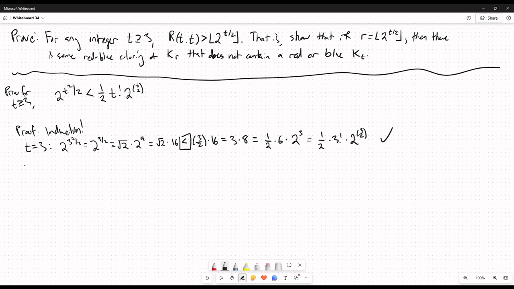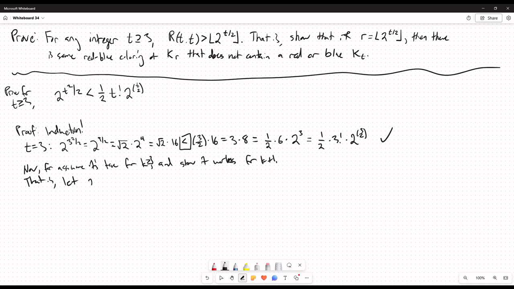Now, let's assume it's true for k, and prove for k plus 1, and show it works for k plus 1. That is, we're going to let k be greater than or equal to 3, of course.